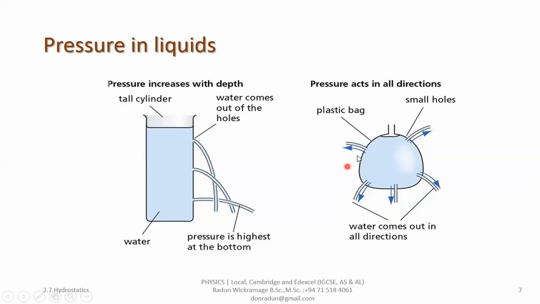The directions are different from each other, but the distance moved will be the same. Why? Same horizontal level. They have the same kinetic energy per unit volume, and their heights are the same since they are at the same horizontal level, but they have different directions. So you can show that the pressure acts in all directions.